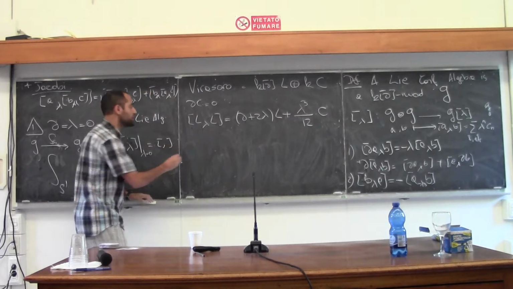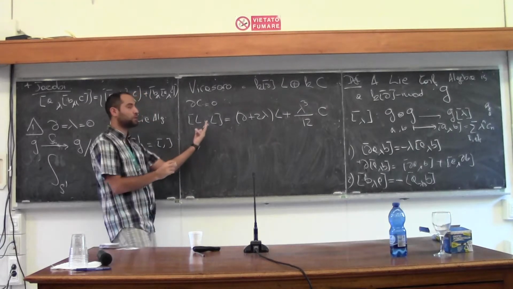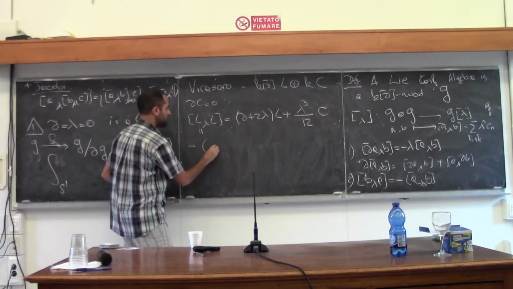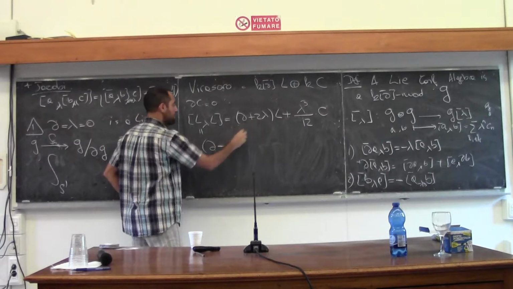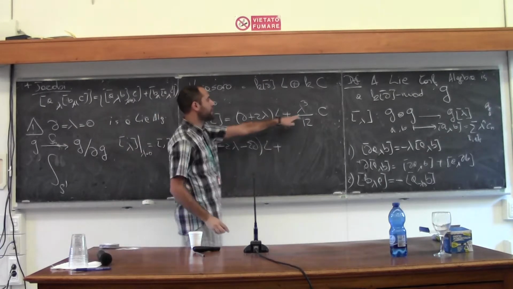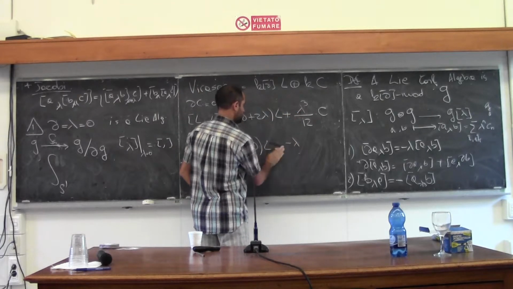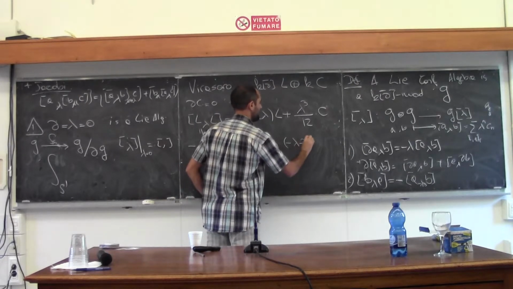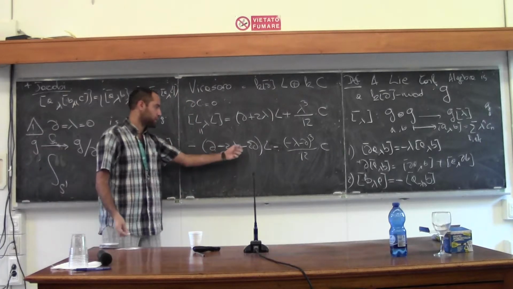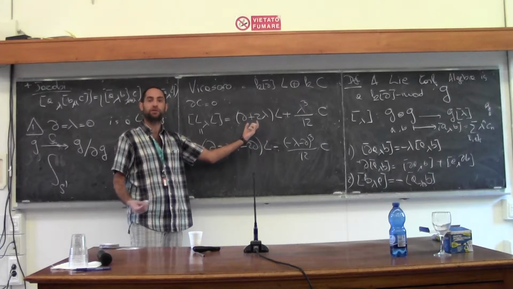Okay, so let's check skew symmetry here. Skew symmetry should tell me that this is equal to: if I flip these two guys, I put a minus and replace lambda by minus lambda minus ∂. So I should have minus 2 lambda minus 2 ∂ times L, plus minus lambda minus ∂ cubed over 12 times C. So you see, this procedure actually restores skew symmetry.